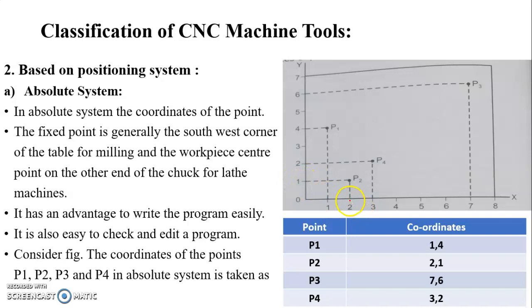So 2 is the value of the x coordinate and 1 is the value of the y coordinate. At point P3, the value of the x coordinate is 7, whereas the y coordinate is 6. At point P4, the x coordinate is 3, whereas the y coordinate is 2. So this is the absolute system.